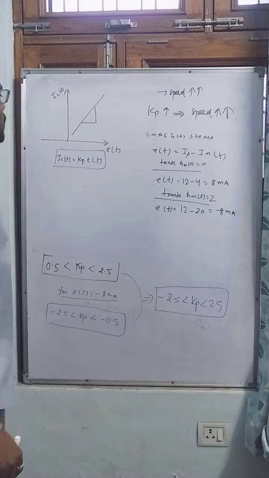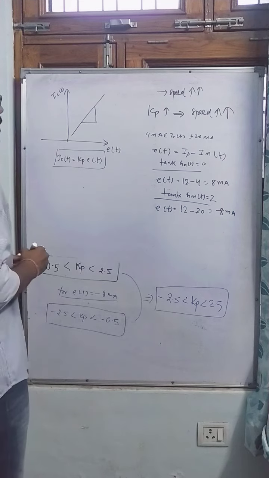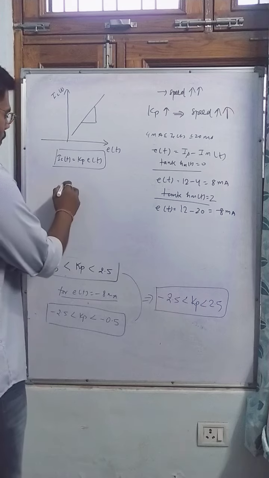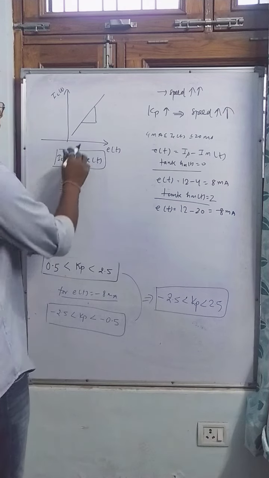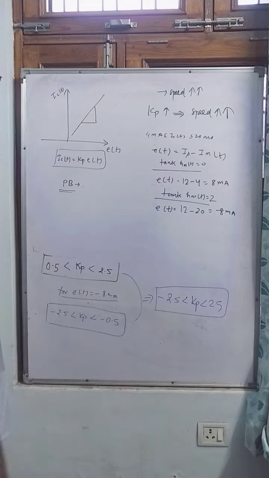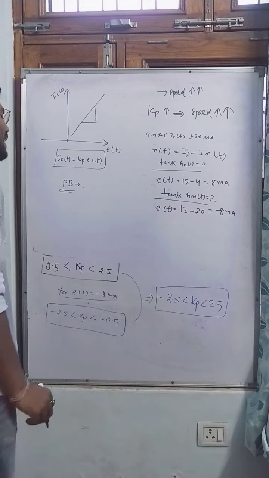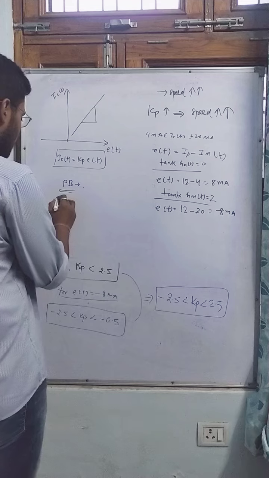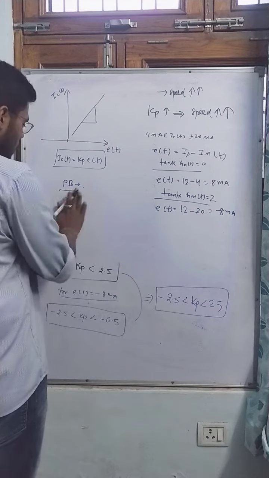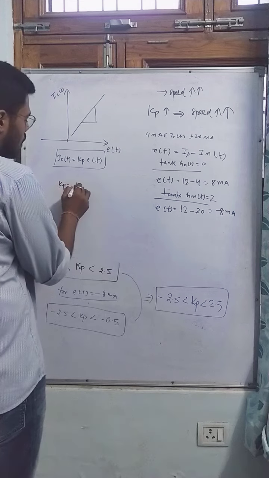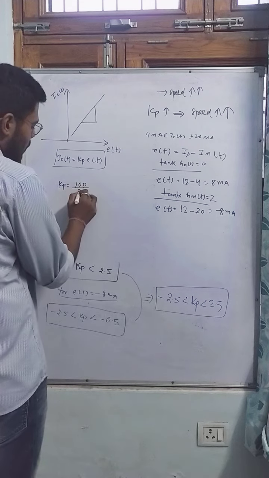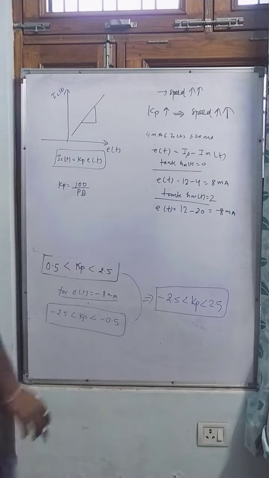We know there is a proportional band, the maximum band of error. You may be familiar with the formula Kp equal to 100 by proportional band. Yes or no?